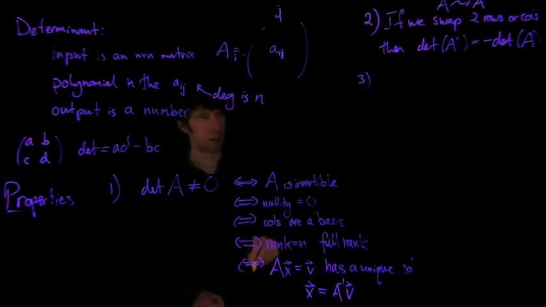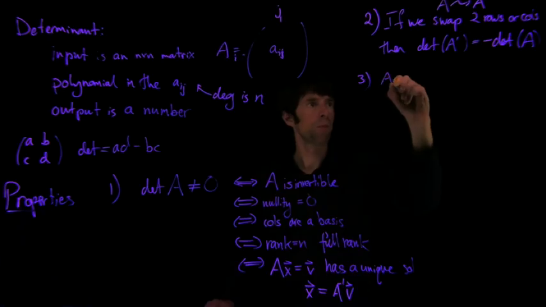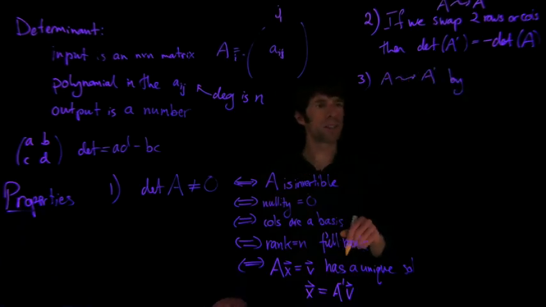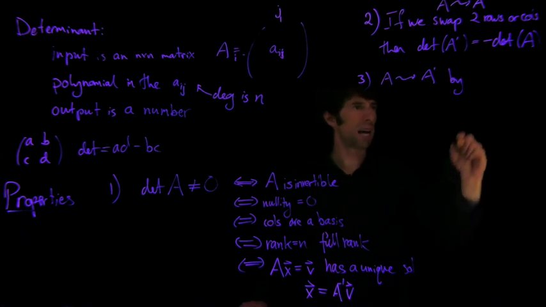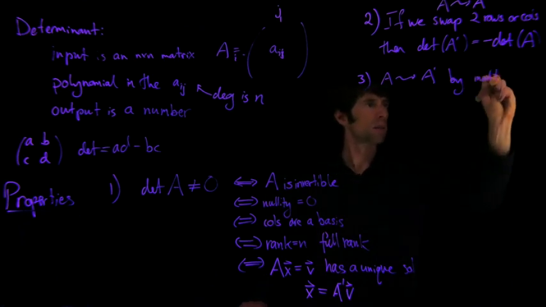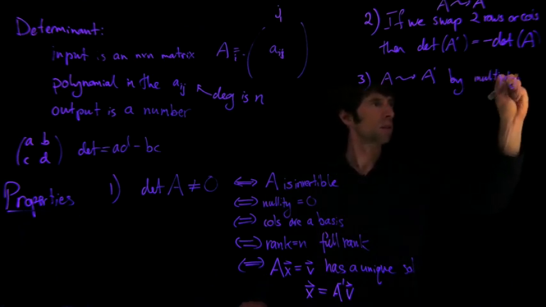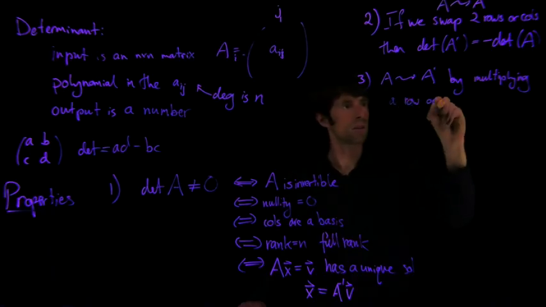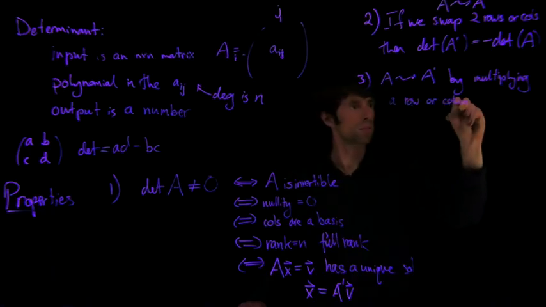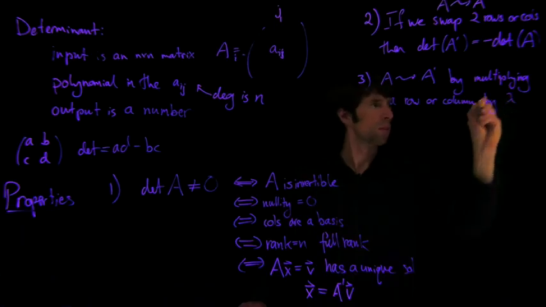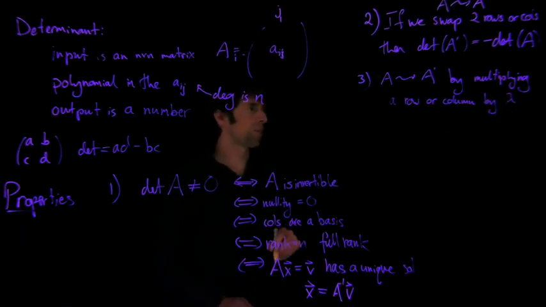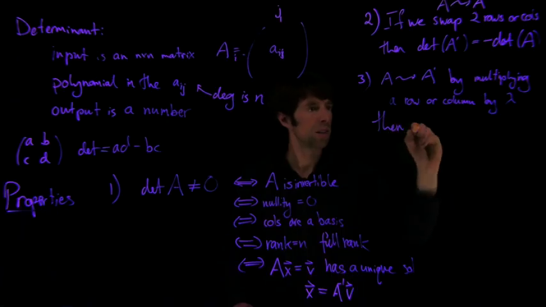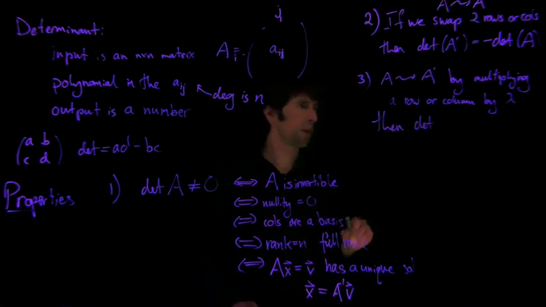Third property is if we make a new matrix by multiplying some row or column by lambda, so we're multiplying either some row or some column by a scalar lambda, then the determinant changes by a factor of lambda.